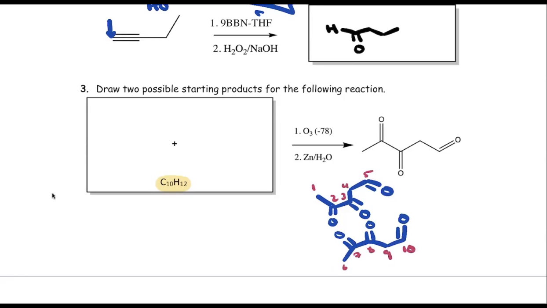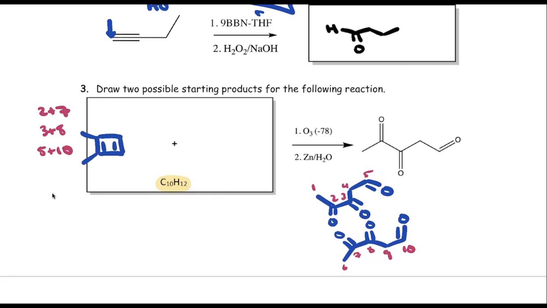So maybe what I might want to do is combine 2 and 7, combine 3 and 8, and combine 5 and 10. So if I combine 2 and 7, what I'm going to end up getting is this compound right here. Not particularly a compound I like, but I'll ask you guys why I don't like it in the next thing.